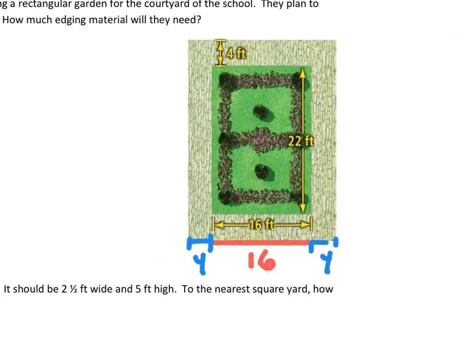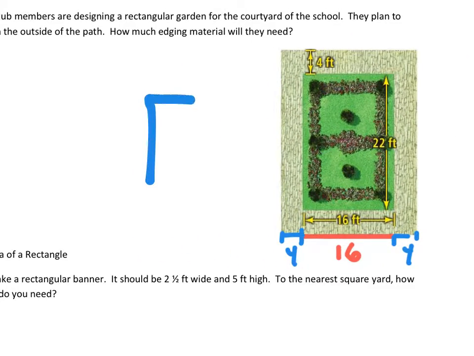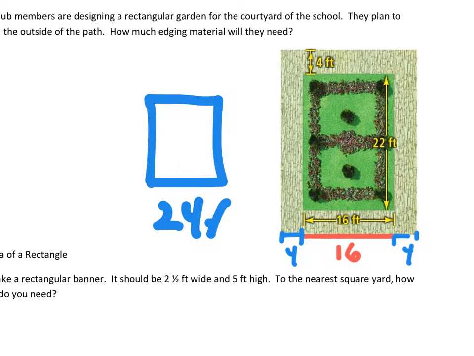So if I wanted to draw a secondary diagram to help us conceptualize this, I now know the base is 16 plus 4 plus 4 to give us here 24 feet. All right, as well as, if you want to think of it up here, this is 24 feet as well.